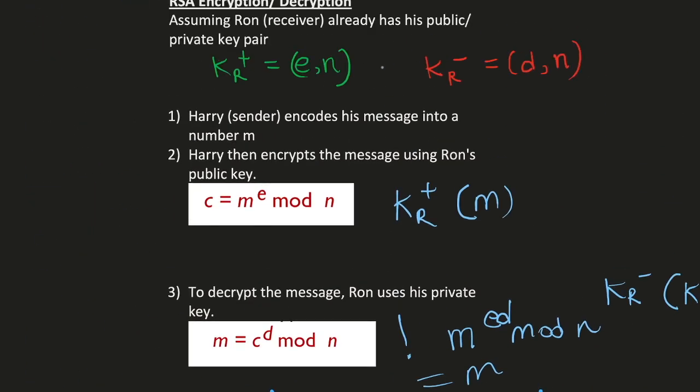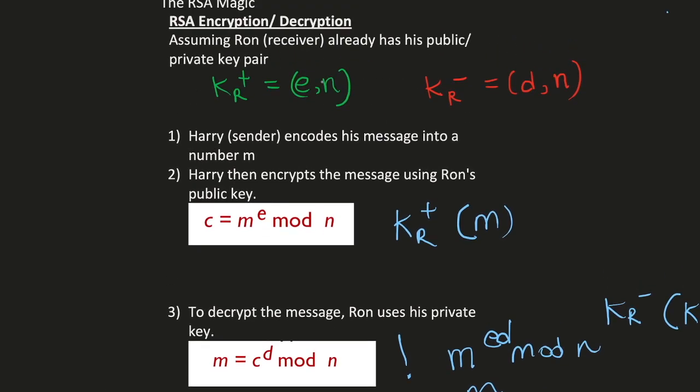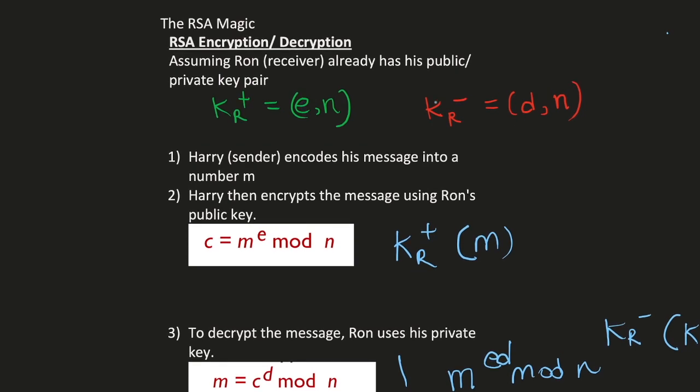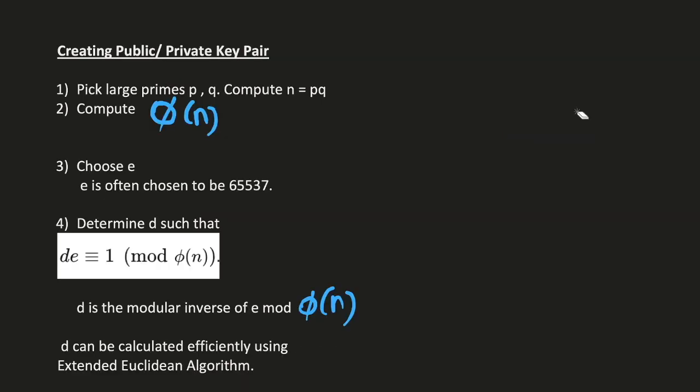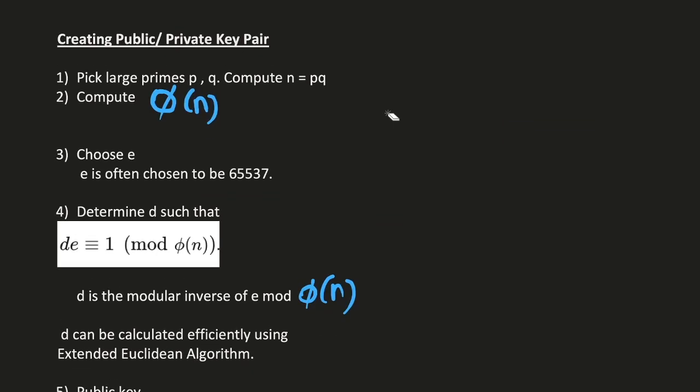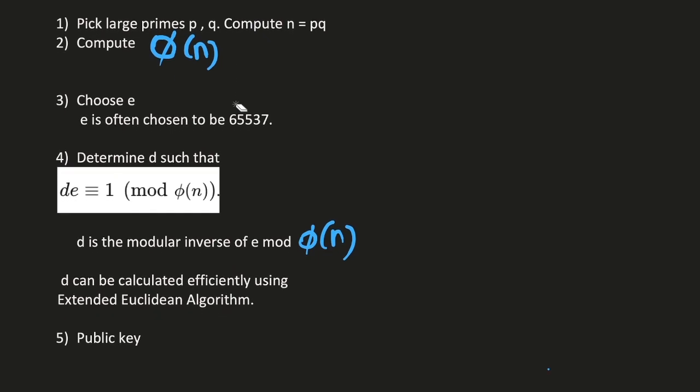And let's have a look at how these magical numbers, where one is an open lock and the other is the key, how E and D are actually generated at Ron's end. So let's now have a look at how Ron would generate his public and private key pair. Here Ron is the receiver.